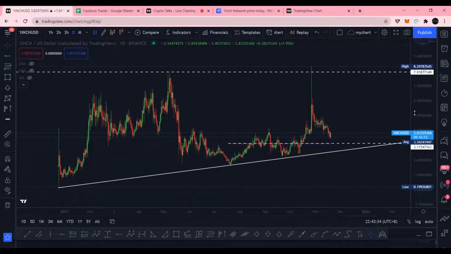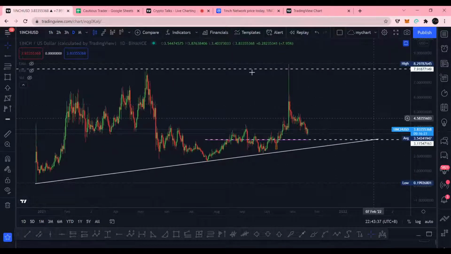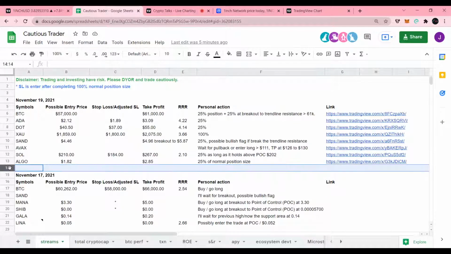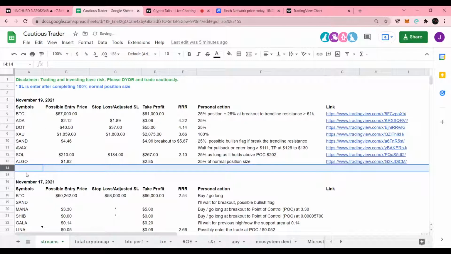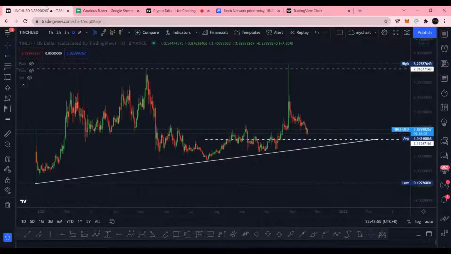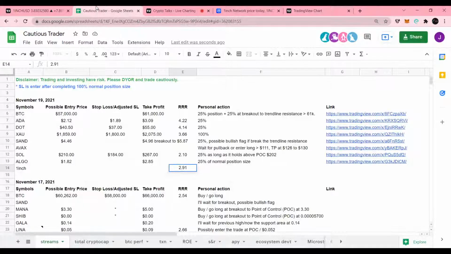So TP area 7.91, that's 1 inch. Is that 2.91? 7.91.